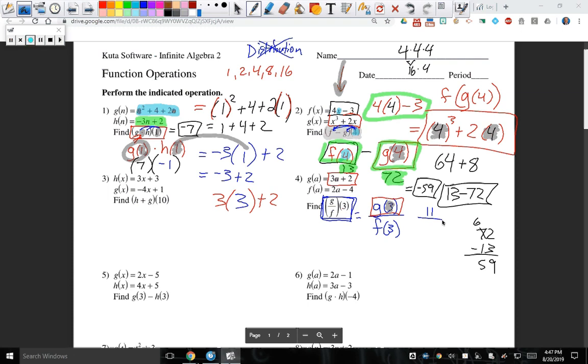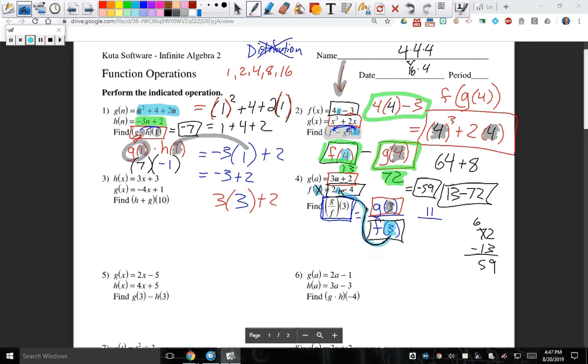Okay. Now let's do the next one. We're looking at the f function, which is right here, and we're going to input the value of 3 where I see that input variable. Now guys, you might see more than one variable in this machine. The one that you're going to input this 3 into is the one that is shown here. So if there's an a here, that's how you're going to match it up. But if it's a different variable, like if it was x, you wouldn't put this 3 where a is.